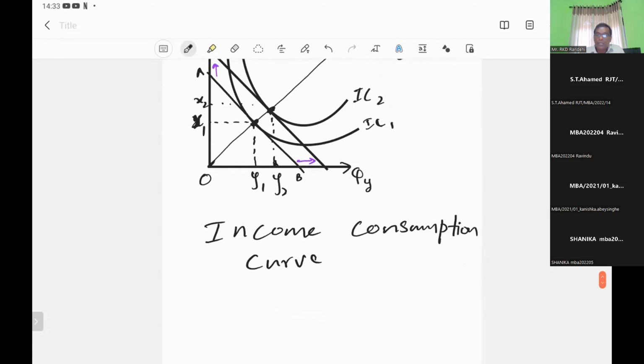Then, according to the shape of the ICC, you can identify the commodity.